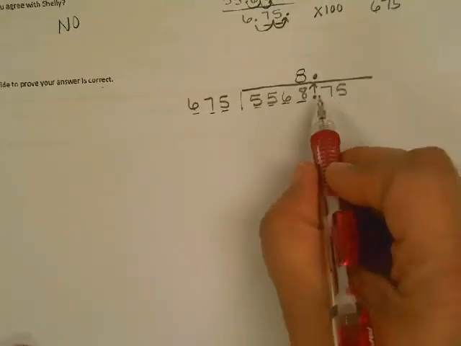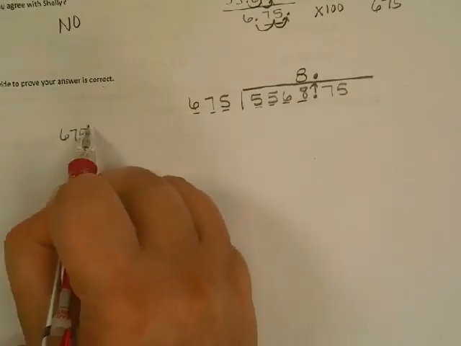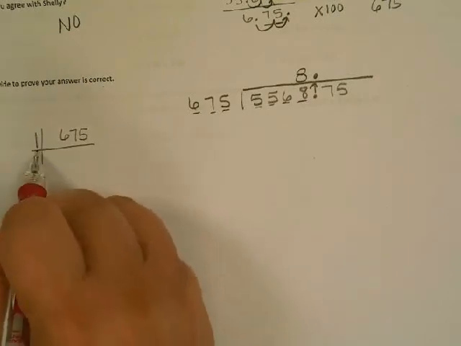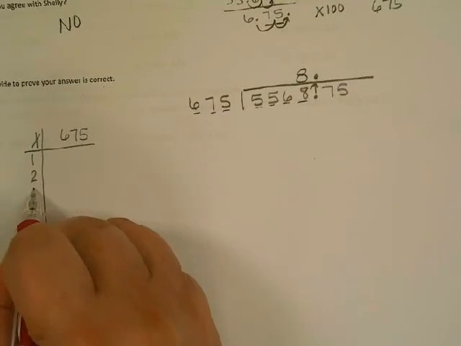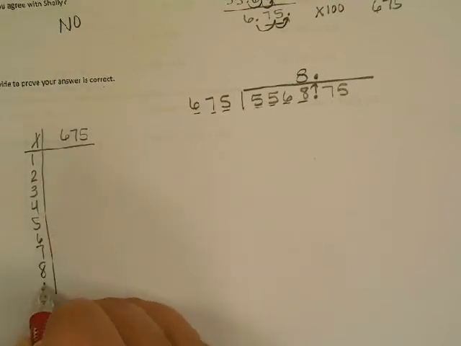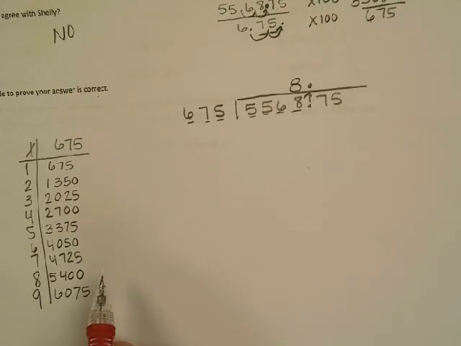So again, I'm going to make my multiplication chart. Through the power of video and the pause button, I was able to work that out because I didn't have that worked out ahead of time.